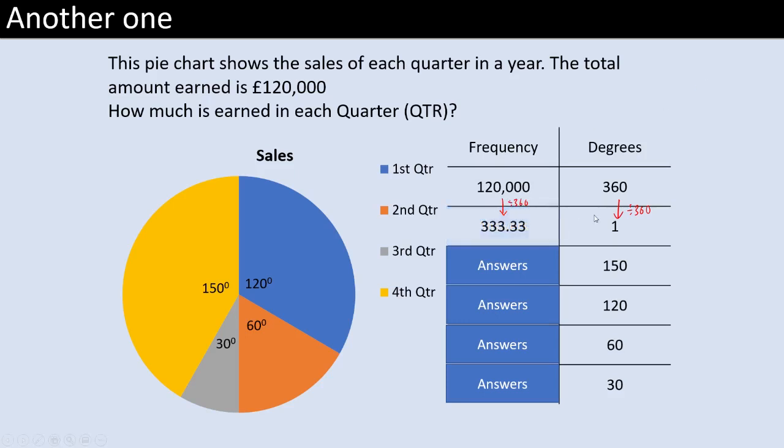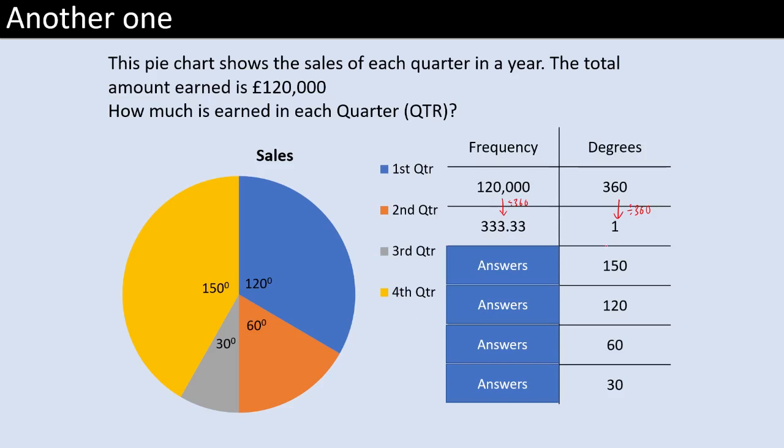And we get 333.33. This on my calculator is actually 333.3 recurring. I'm going to use the recurring answer, or the answer as it is as a fraction, just to make my answers that little bit more accurate. So the answers that I have under these things here are my fully correct answers, not rounded.